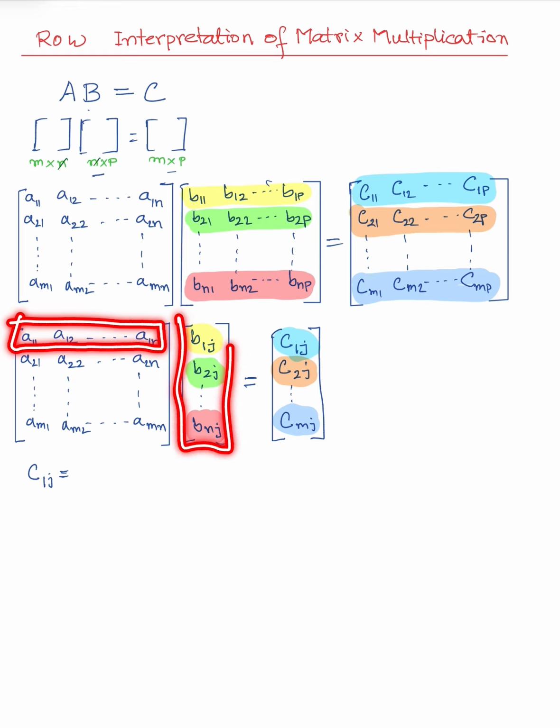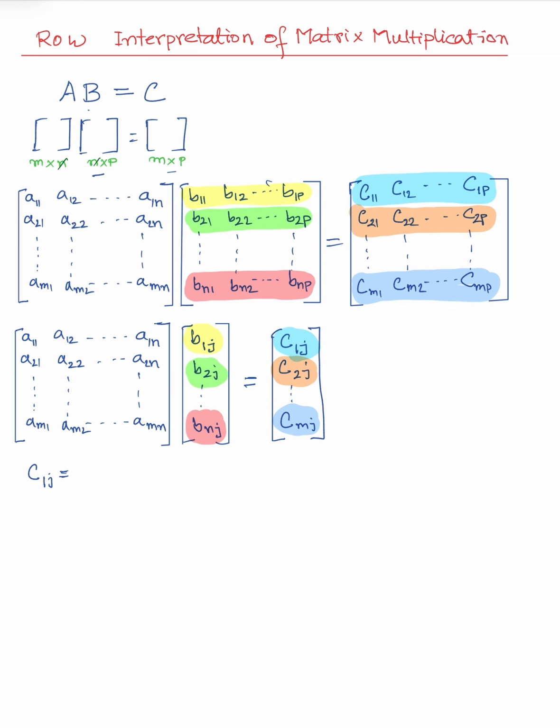So basically we multiply this with this, and as we write it, we will get the first row of our resultant matrix.